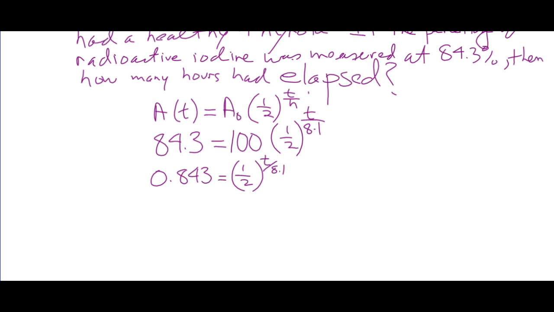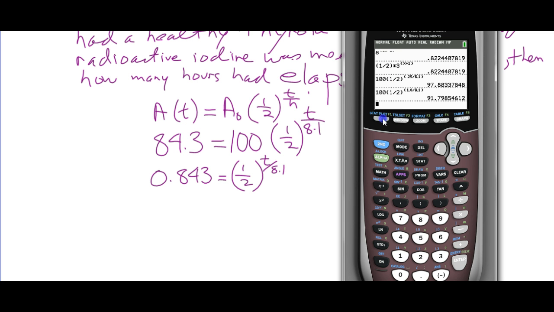So we're going to go to y equals and clear out everything that's in here. I want 0.843, and I've got 1/2, so 1 divided by 2, to the power of x divided by 8.1.